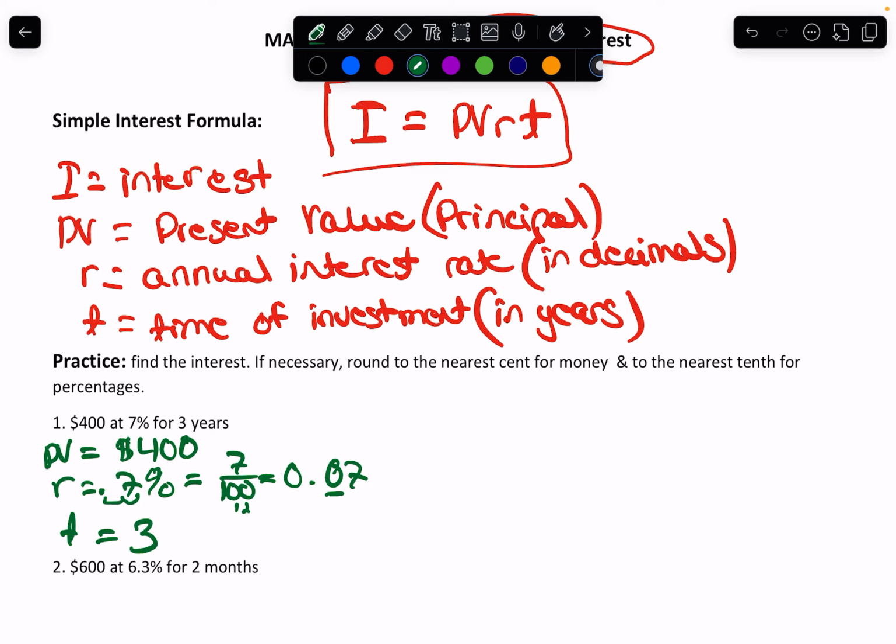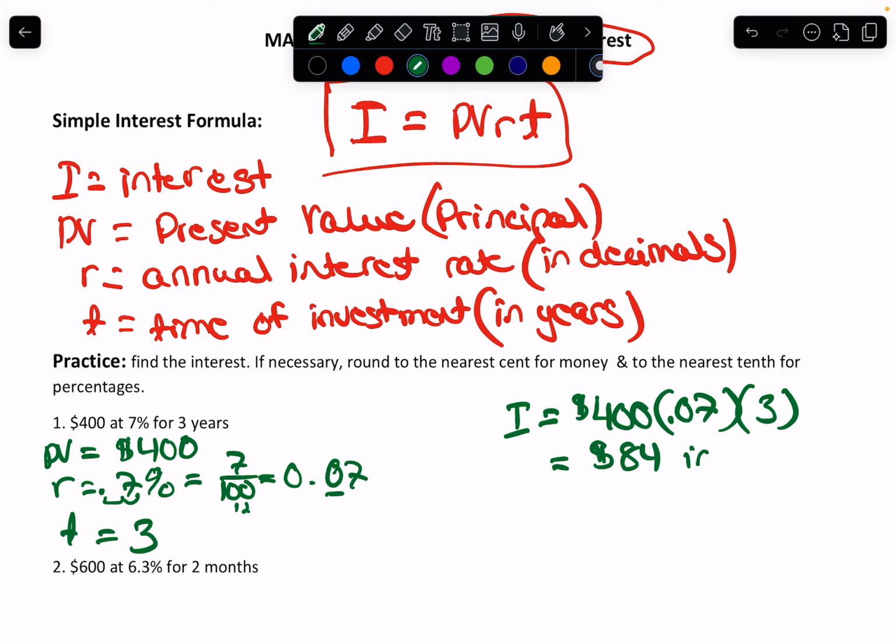Okay, let's plug these numbers in. So 400 times 0.07 times 3, and we're going to get $84. Now, this is the interest.